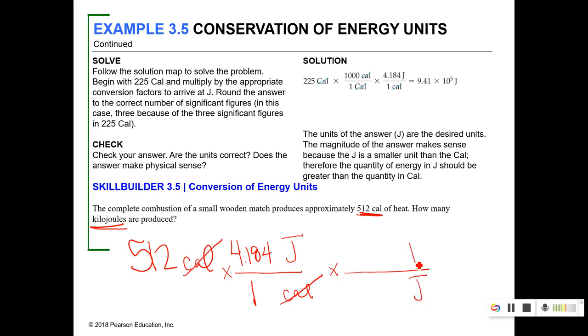And then there's joules and kilojoules, and there's 1,000 joules in 1 kilojoule. So we do our math: 512 times 4.184 divided by 1,000. I get 2.14 kilojoules.